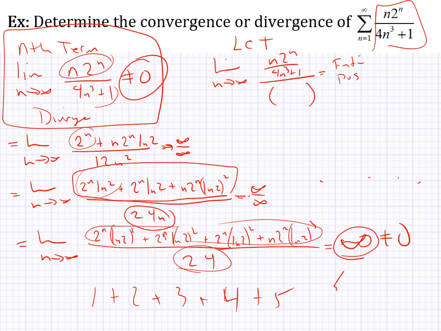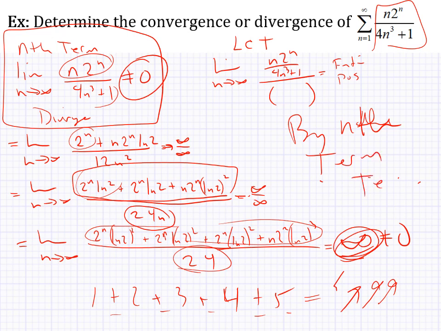Those terms are getting bigger. As I keep adding, you should assume that the sum is going to keep getting bigger and bigger. It goes to infinity. So, by nth term test, it diverges.